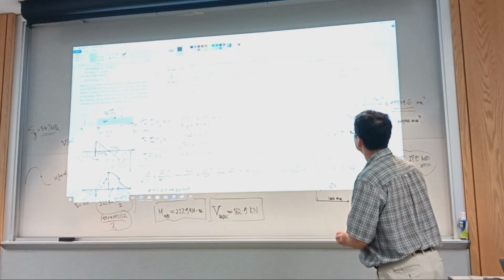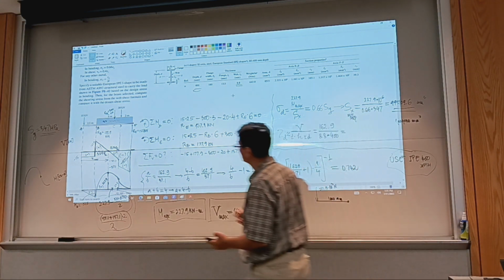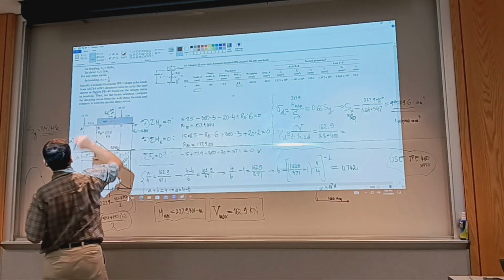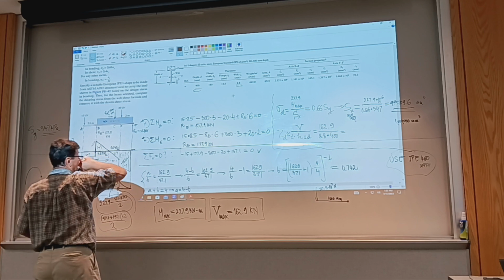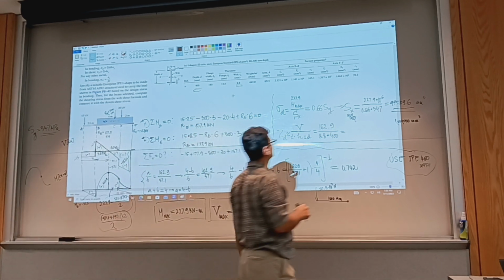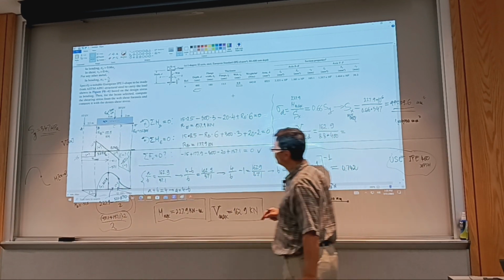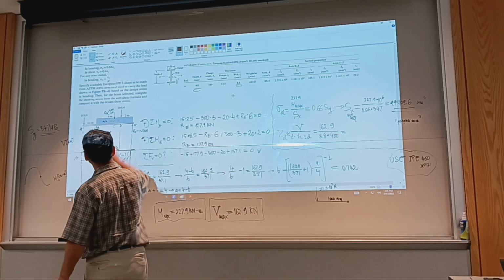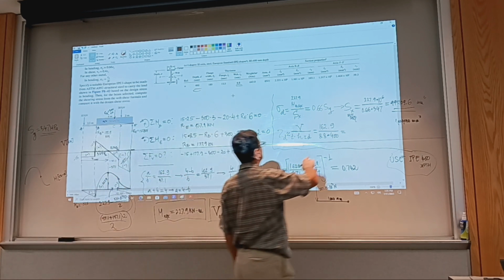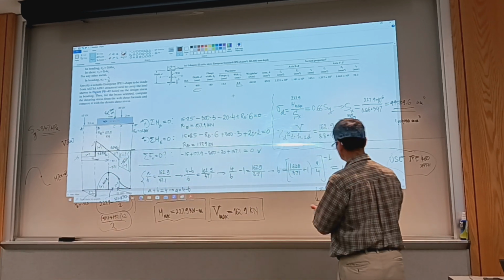All right. And this has to be limited. This has to be less than 0.4 times yield strength in tension. So let's evaluate this.